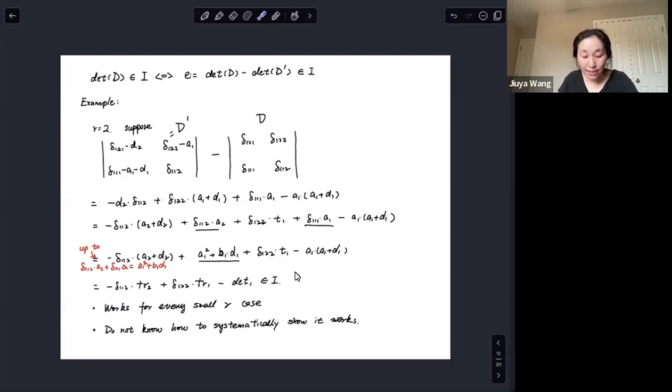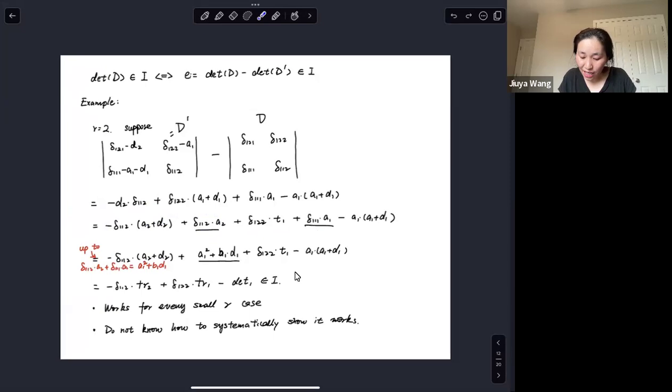For the next step, whenever you see this D2 term, you will compensate to get the trace. And now you will see these two terms.